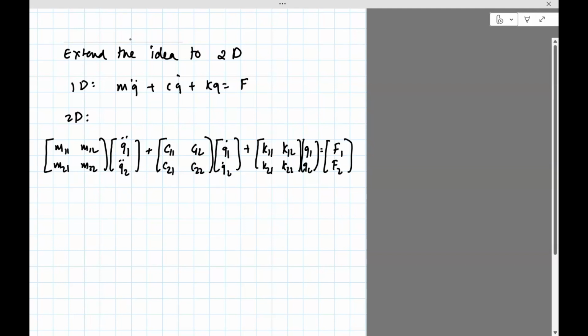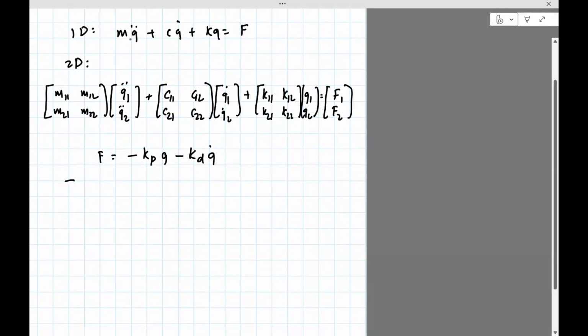Okay, so what we said was, how about defining F as minus KP Q minus KD Q dot, right? So what would this look like in 2 dimensions?